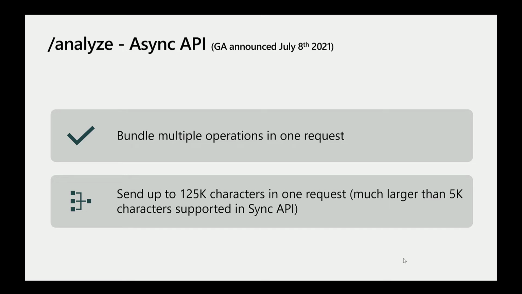Now this is optimized for throughput, so you are not going to get a response in milliseconds, but you have to wait a few seconds, and in general I have seen 60 to 70 seconds is what it takes to get a response back, because it's tuned for throughput and not for latency. So if you have a real-time scenario, you should consider using the standalone APIs and not this. And like I said, the pricing is the same. If you bundle different APIs, you would be charged based on whatever individual API is called.